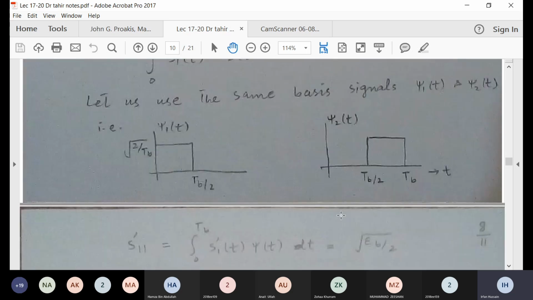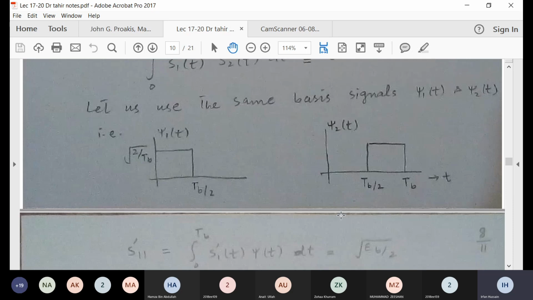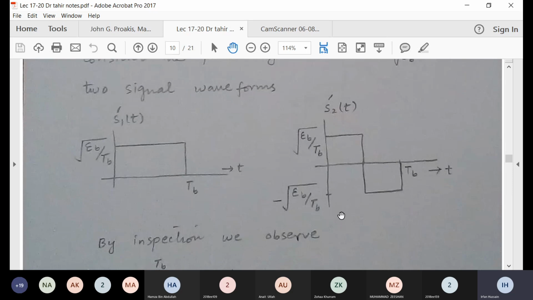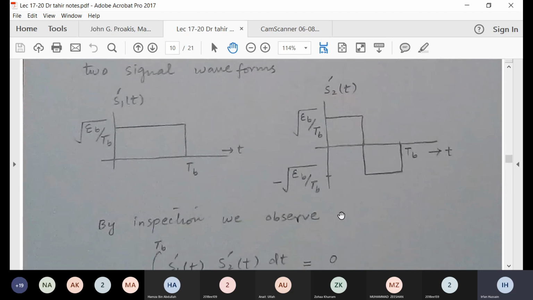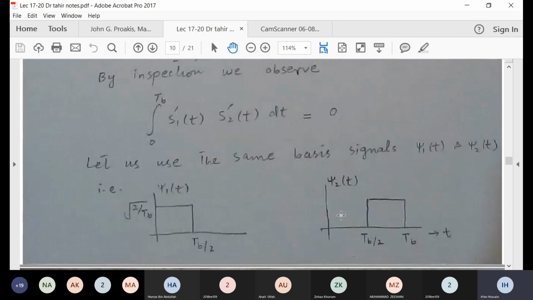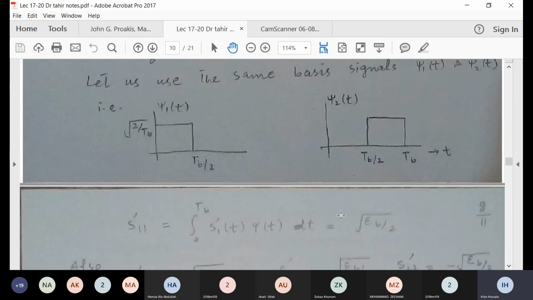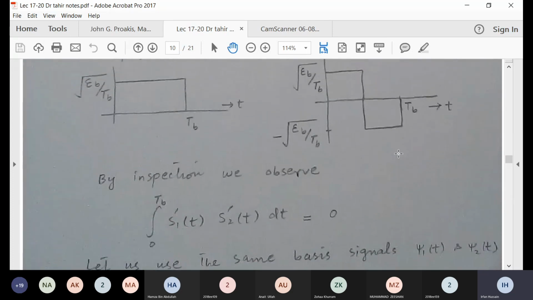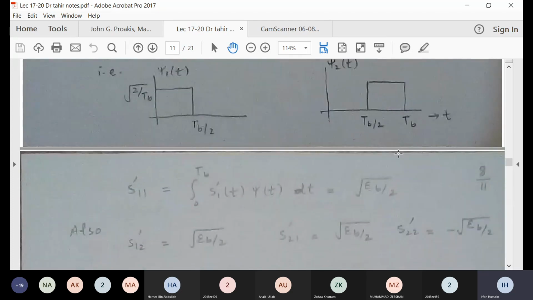And you can again find psi 1 and psi 2, normalizing S1 by the energy. The energy, you can very well see, is EB. So its energy will come out as this, and the energy of psi 2 will come out like this. Just dividing by EB, you will get this.